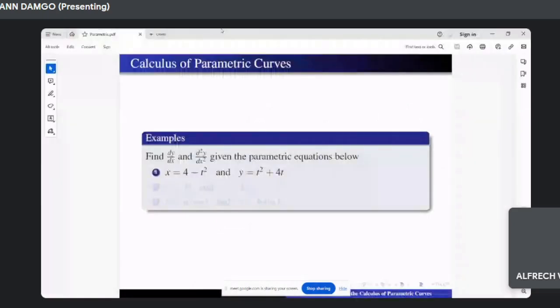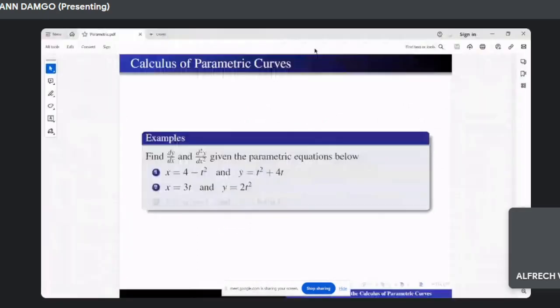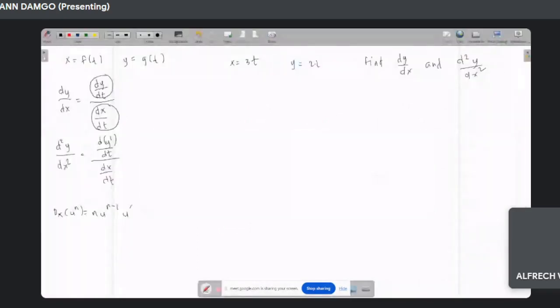So, we have x is 3t, and then y is 2t squared. Okay, first, we need to find the derivative with respect to t. So, this is dx dt. The derivative of 3t is 3. And then we have dy dt. The derivative of 2t squared is 4t.